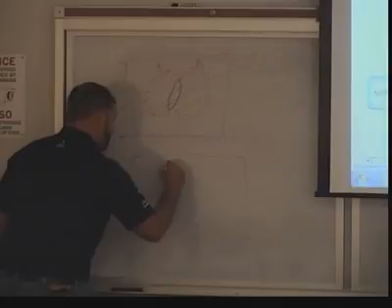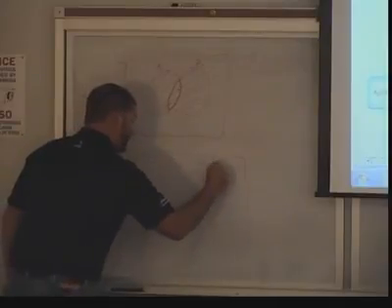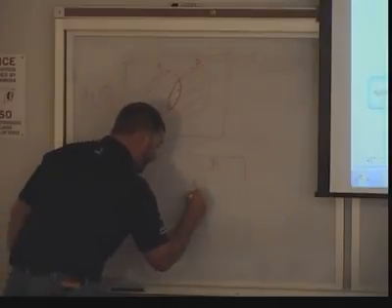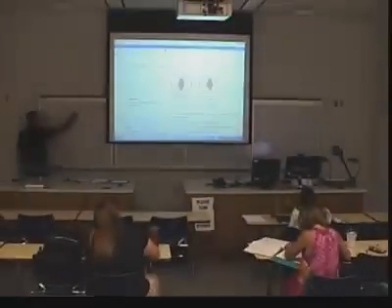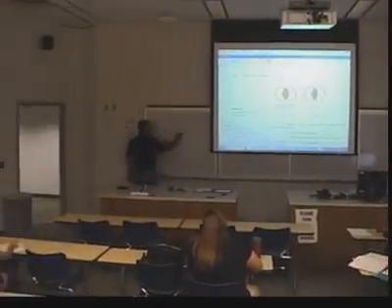We have a circle that means event A, a circle that means event B. Does everybody see the difference between those two things? The union means one or the other or both.